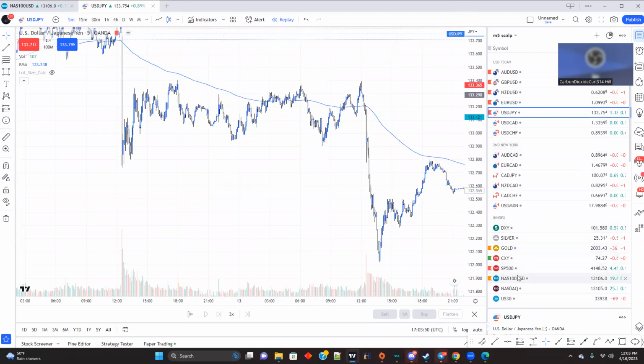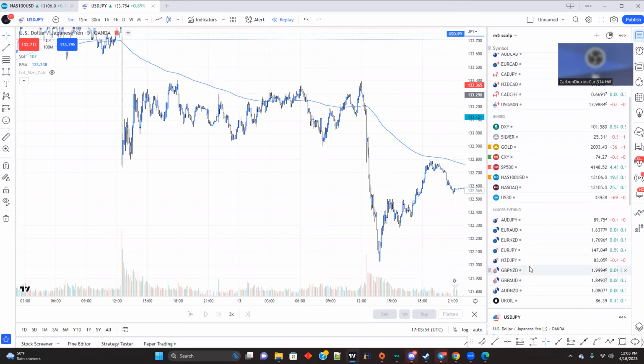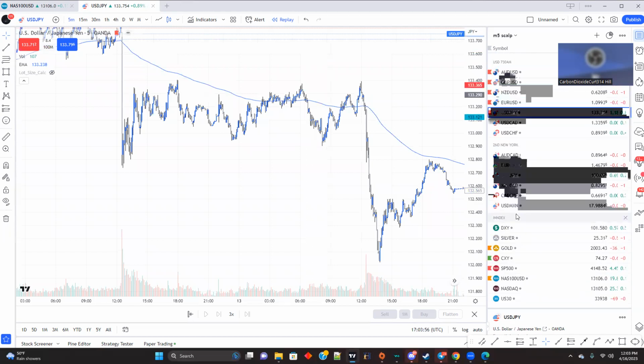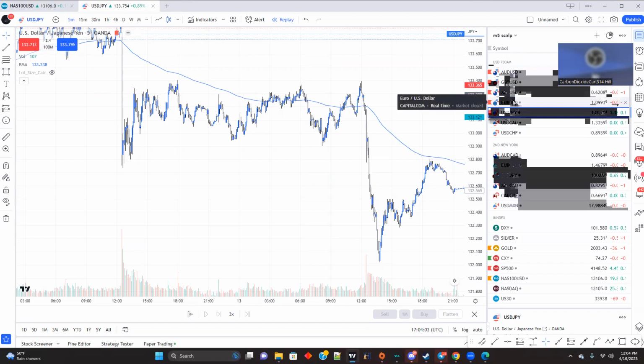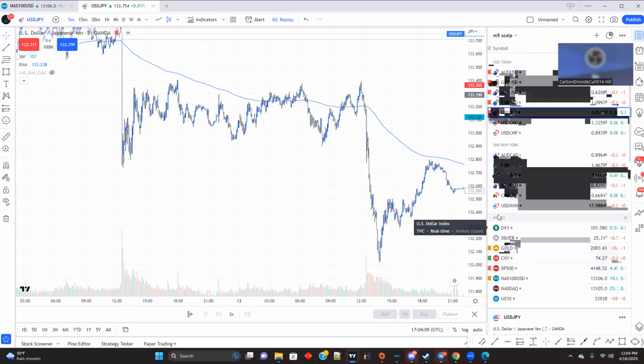I'm gonna start looking at GJ a little bit more. I have been giving out GJ setups, but so far AU, GU, NU, EU, NAS 100, and Gold have been our bigger winners. So that's the ones we've been sticking with. It is what it is.